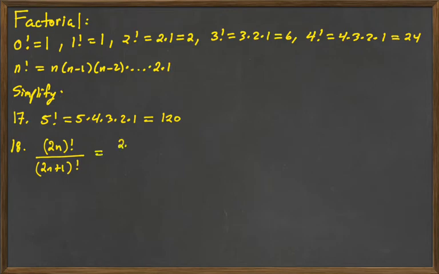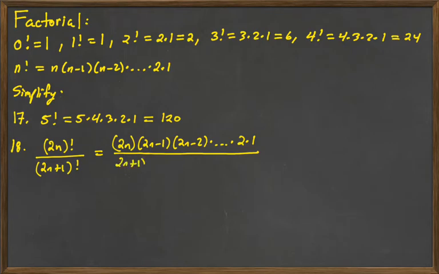So 2n factorial means 2n times 2n minus 1 times 2n minus 2 all the way out to 2 times 1. So just count down from 2n. 2n plus 1 factorial means 2n plus 1 times 2n times 2n minus 1 times 2n minus 2 all the way out to 2 times 1.